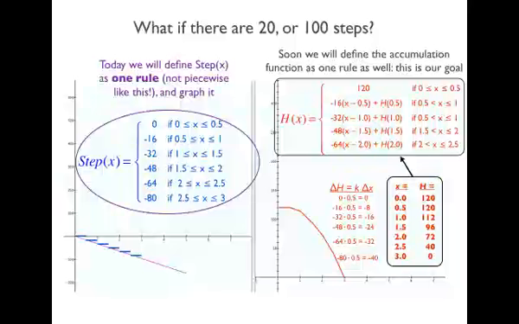So we're going to define this accumulation function with one rule instead of how many steps we have, and that's our goal. Why? Because with a graphing calculator, the number of steps is trivial. It's just change the number of steps, and if we have a generalized version, then it just does it in half a second.